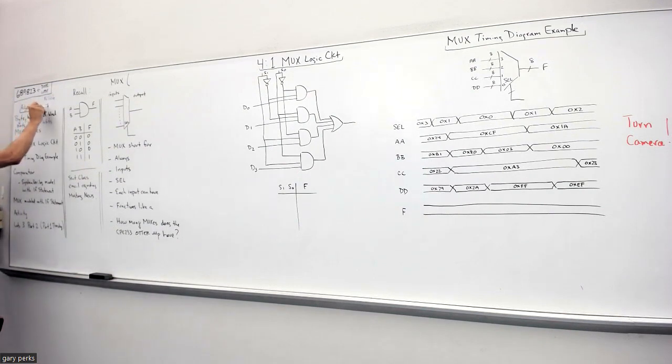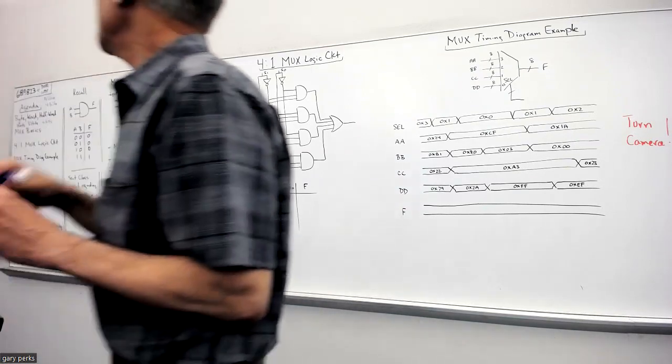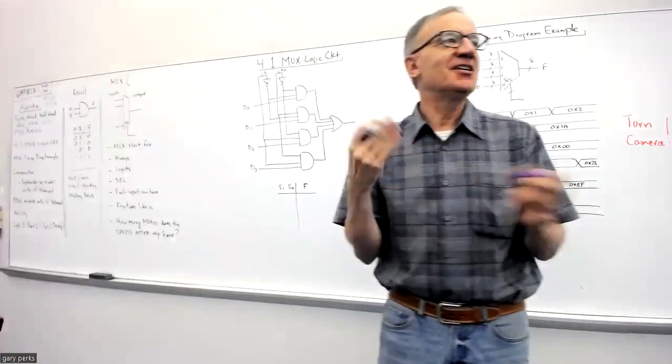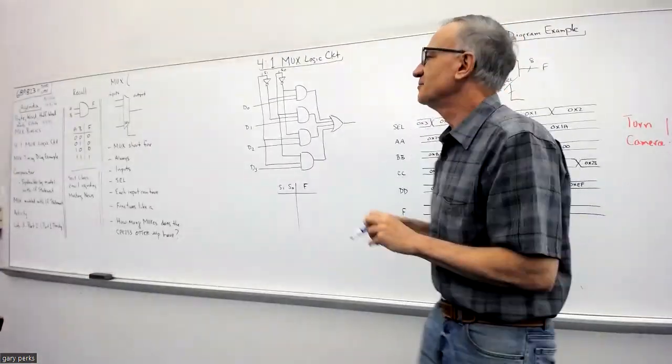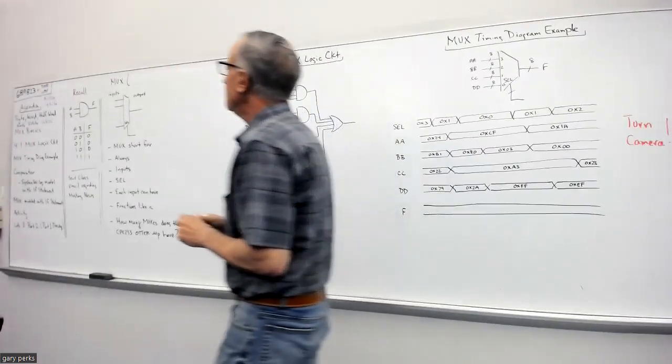A nibble is 4 bits. Back when I was an undergrad, 8-bit microprocessors were state of the art. I think when I graduated with my bachelor's, it was right on the cusp of going from 8-bit processors to 16, in the early 1980s. So back then you'd sometimes hear the word nibble, but you don't hear that one much anymore.